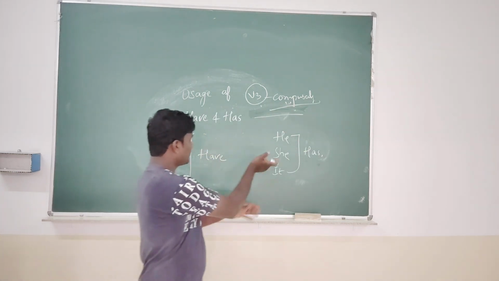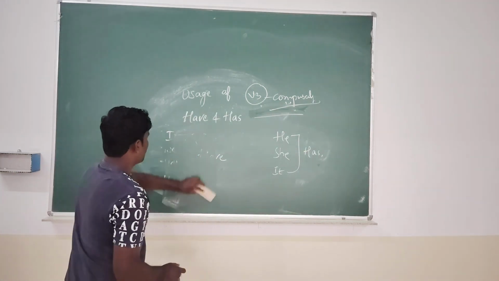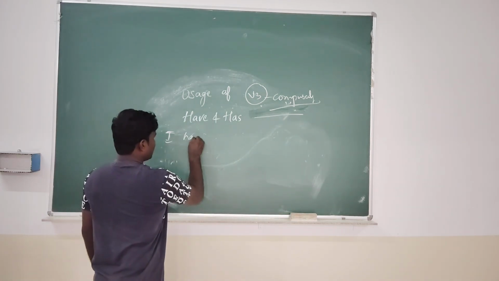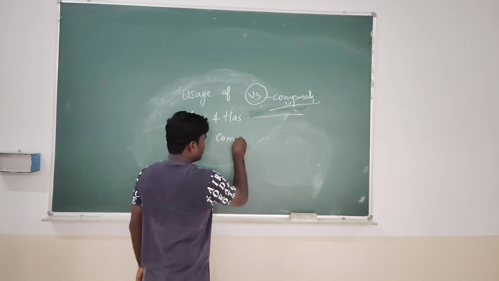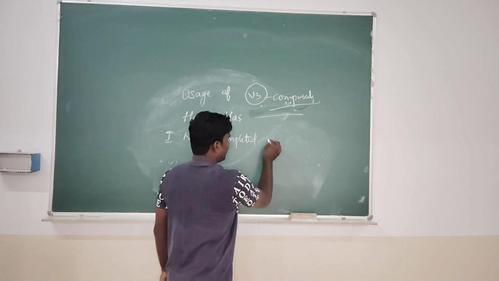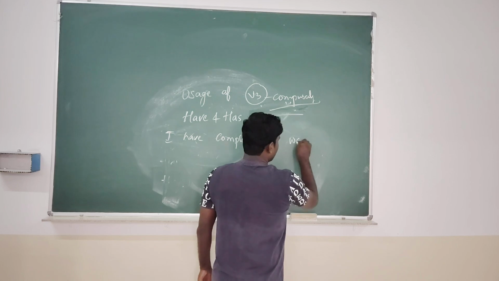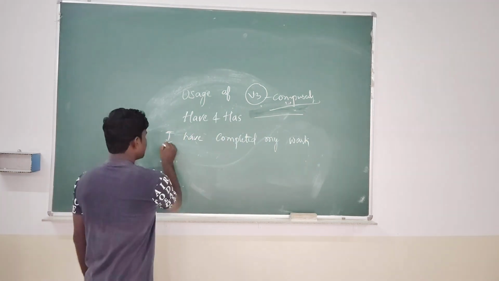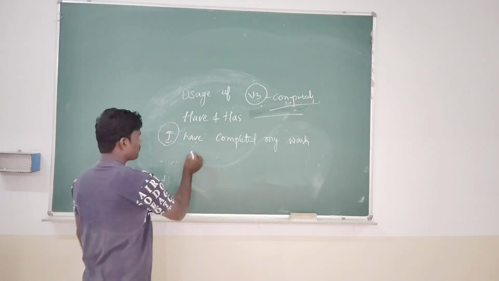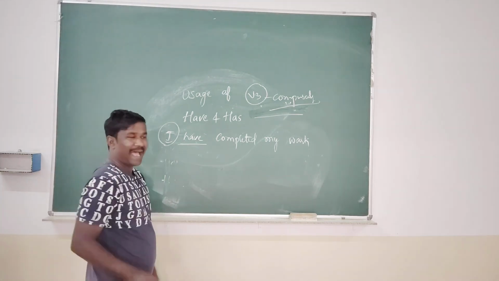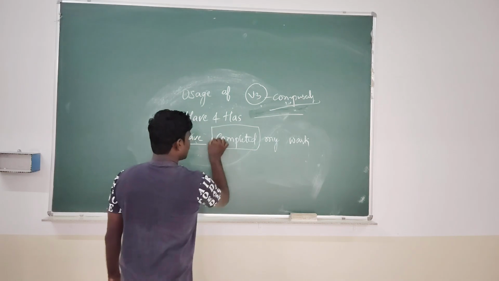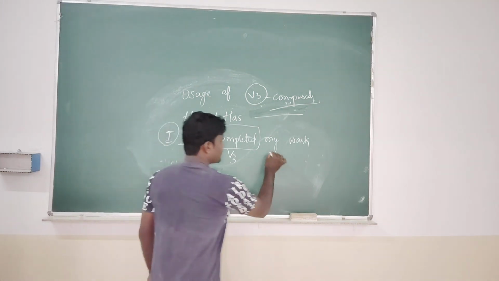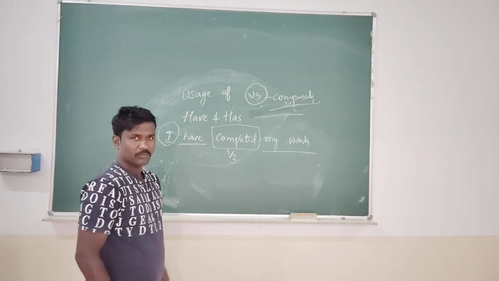Now let us make sentences by using have and has. I have completed my work. This is the subject, this is have, this is the verb, and this is the object.